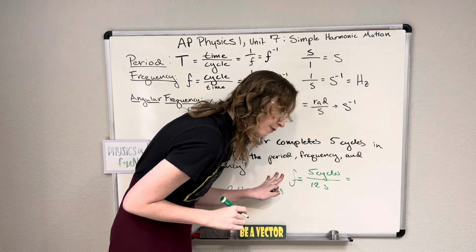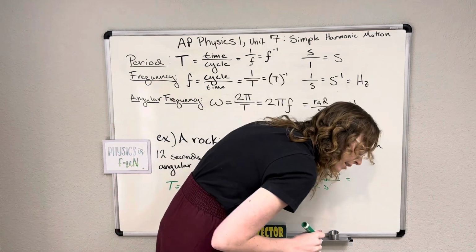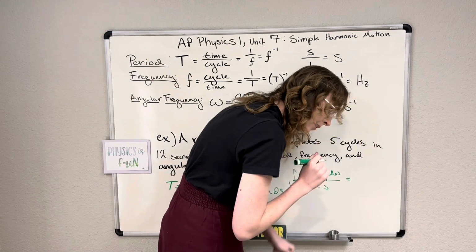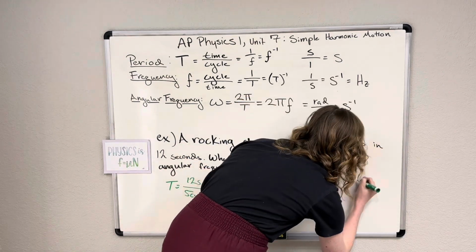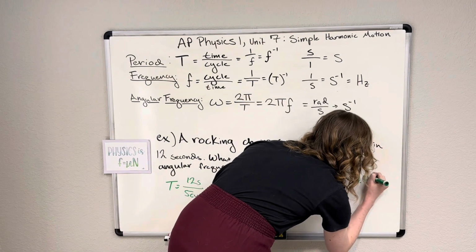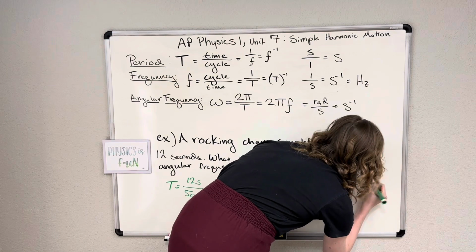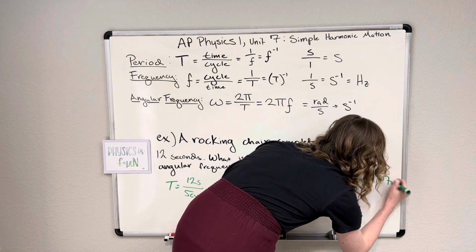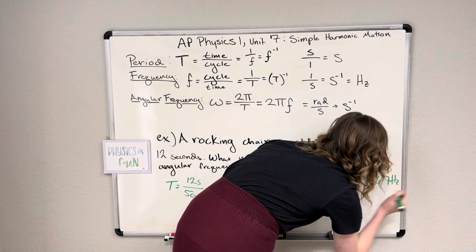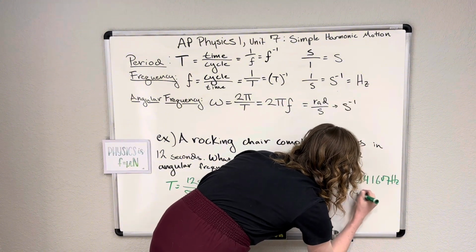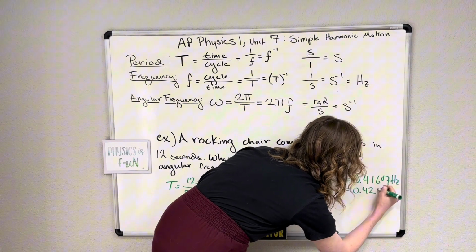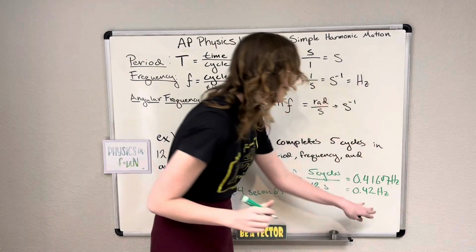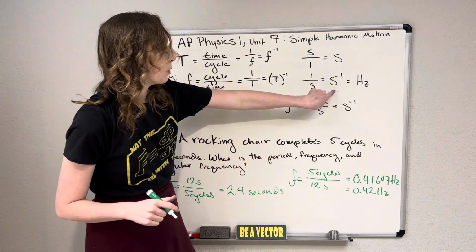So we have 5 divided by 12, which means that our answer here is 0.4167 hertz. We'll do a little bit of rounding here, and that gives us 0.42 hertz.